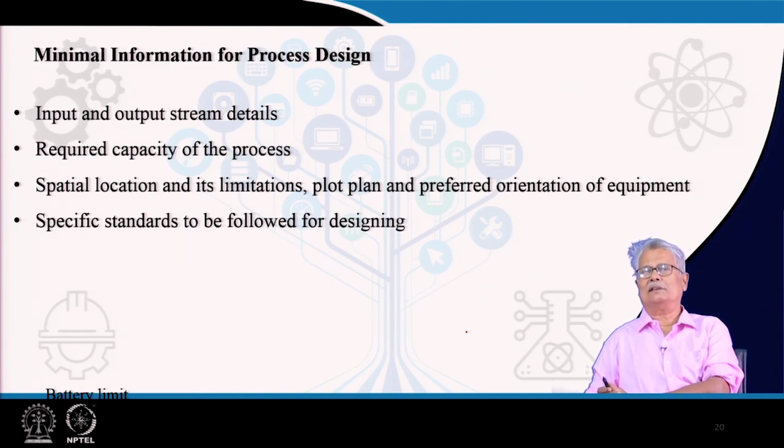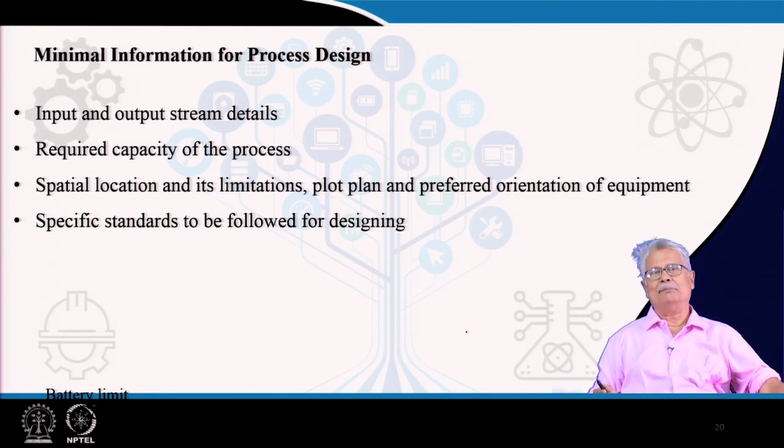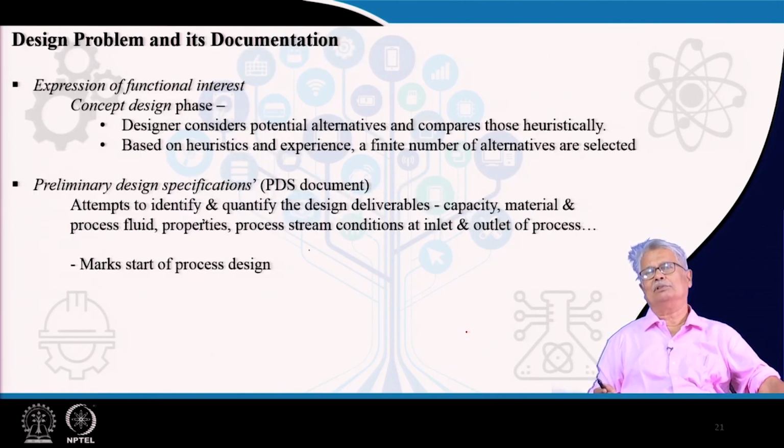The spatial location and its limitation, for example, the space available, the contour of the ground on which we are going to build this, and the wind direction in order to have a proper safe orientation of equipment. We definitely need to decide on the specific standards to be followed for designing. So, these are the basic minimum requirements before you start your design.